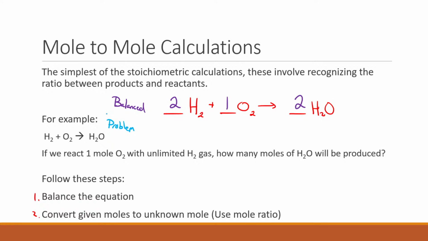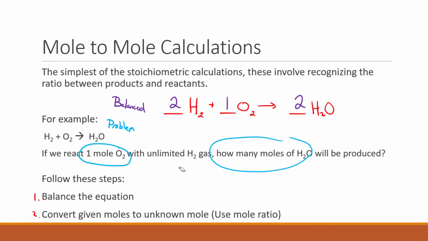Now, when we are given a problem, there's one thing that we know and one thing that we need to find. The hydrogen in this case does not matter. It does not come into play here. And so we're going to leave it out.